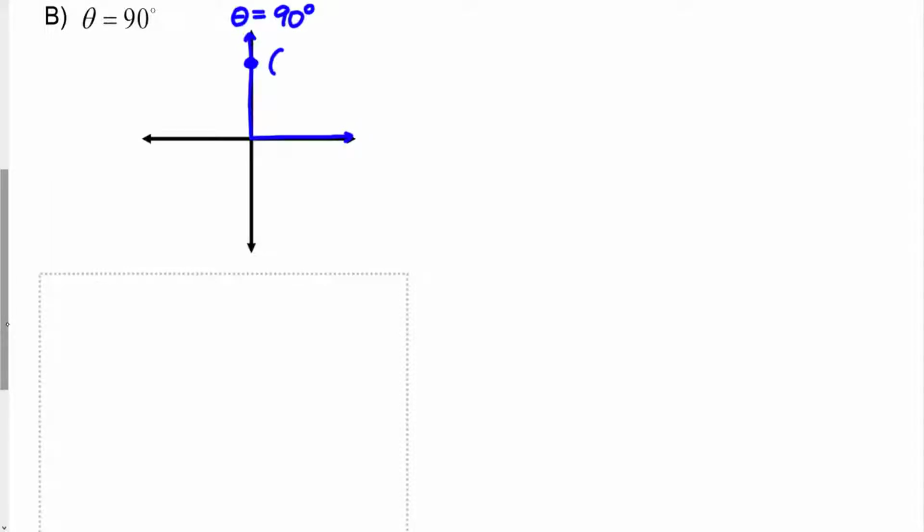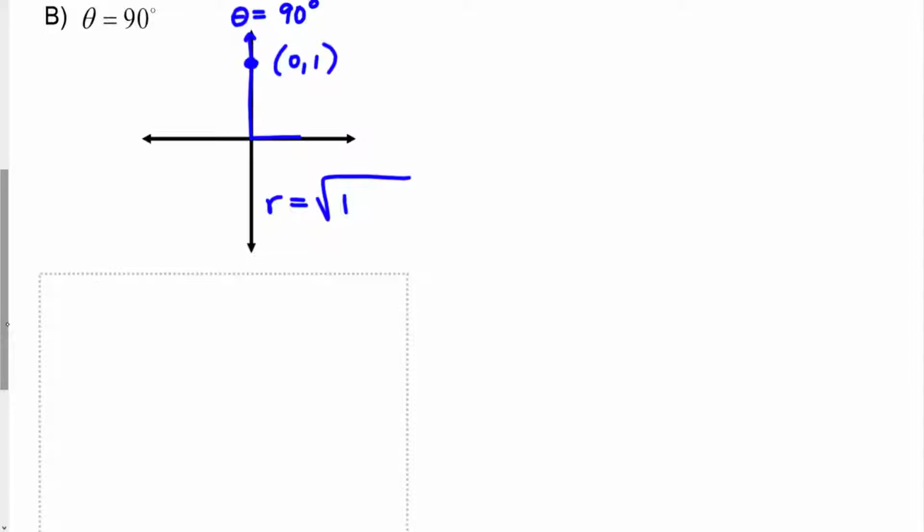So a point to use, 1, 0 would be great. And then r again would be, oops, my bad, 0, 1. Let me fix that. So 90 degrees, 0, 1, because it's 0 on the x, 1 on the y.